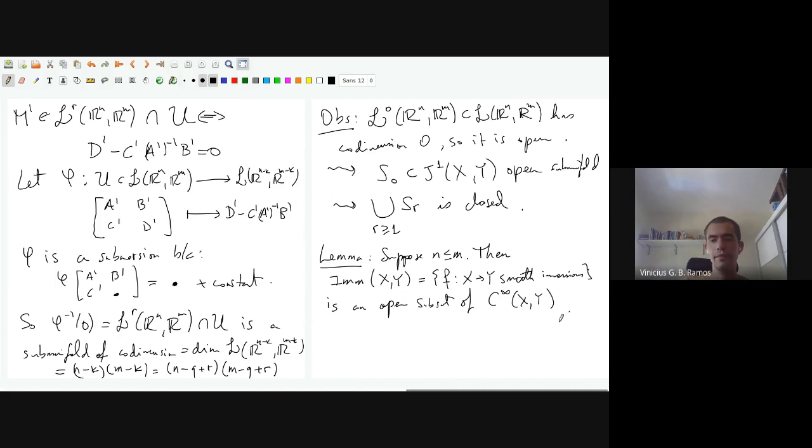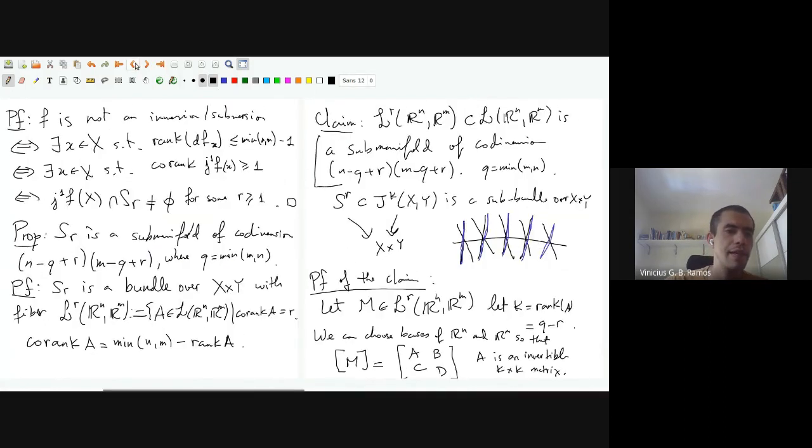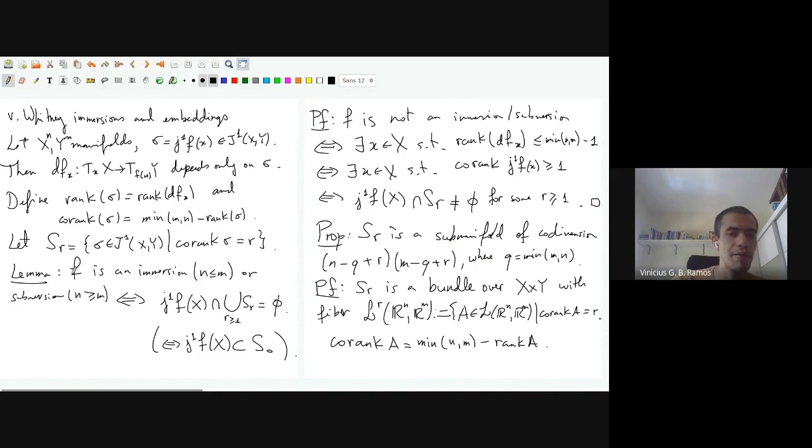Well, the proof is by the proposition that was the first result today in this class. We proved that F is an immersion if and only if the image of the first jet of F is contained in S0.